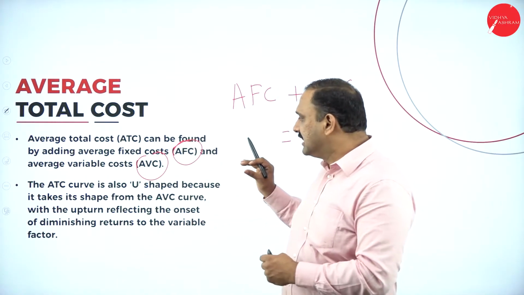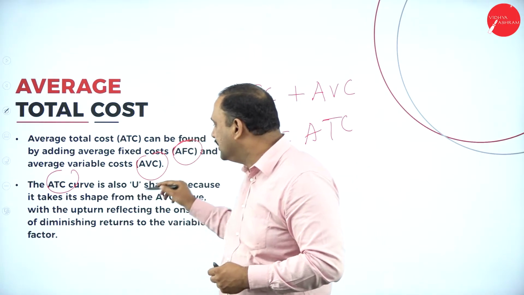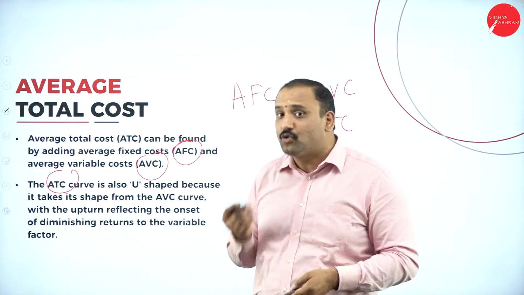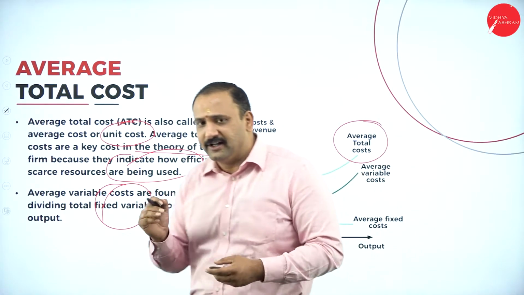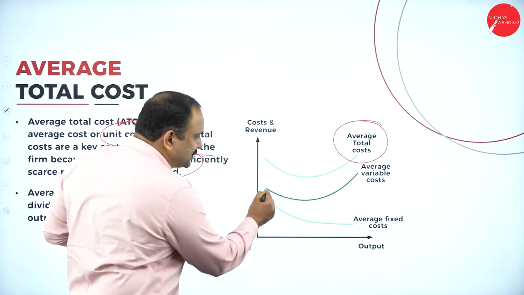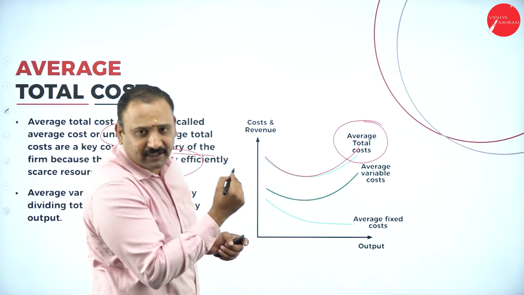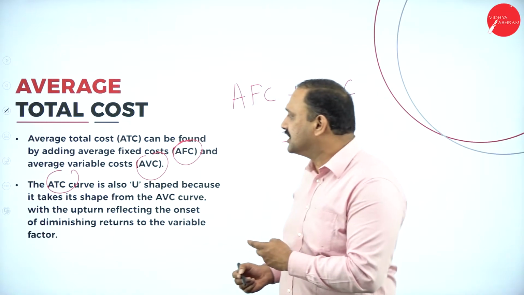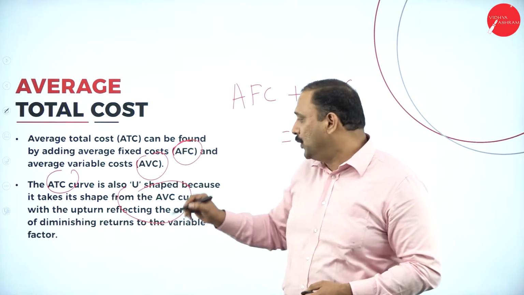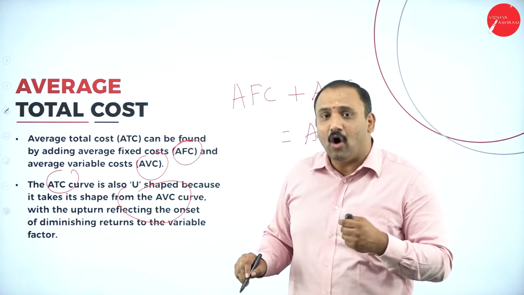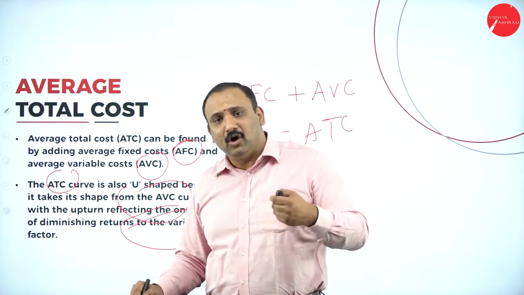Now, how is this important for us? Again, when you see the ATC, it is a U-shaped curve. I would like to go back to the graph to show you how it looks. If you look at this graph, you are able to see that the average total cost curve is again a U-shaped curve, and it is because it takes its form from the AVC curve, with the upturn reflecting the onset, the start of the diminishing returns of the variable factor.